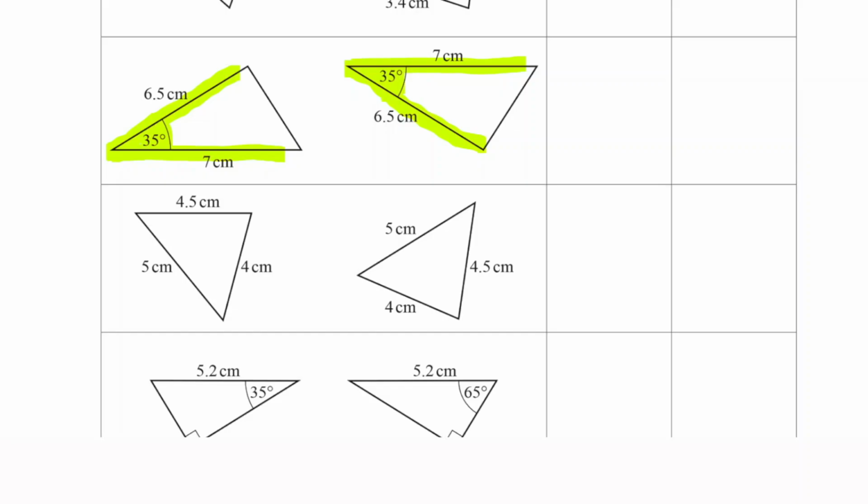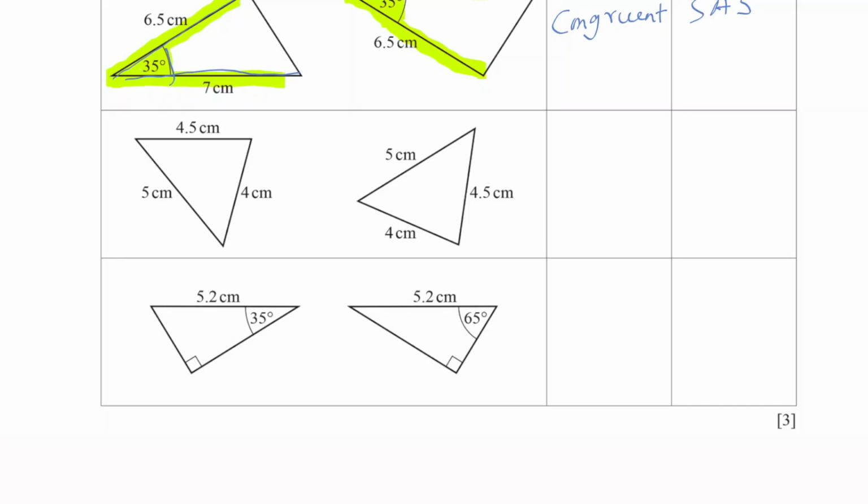So by what property is it congruent? We can say that it is congruent by side angle side property, because this is a side, an angle comes in between, and there again a side.